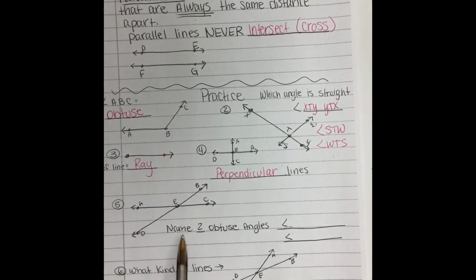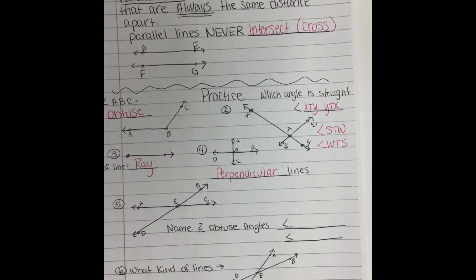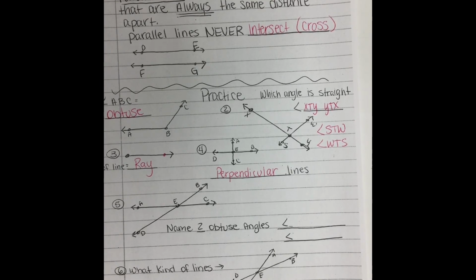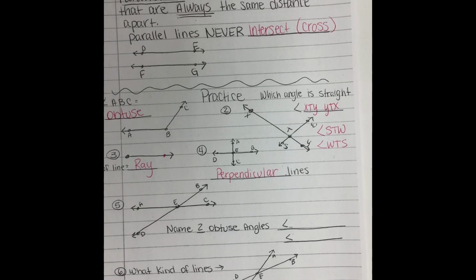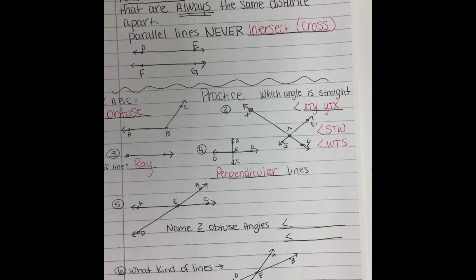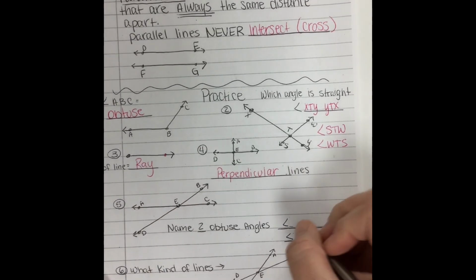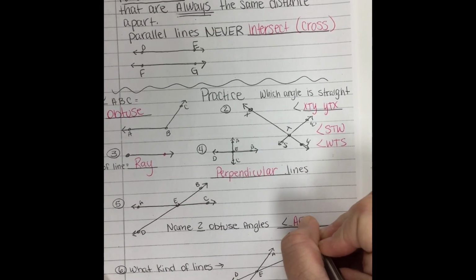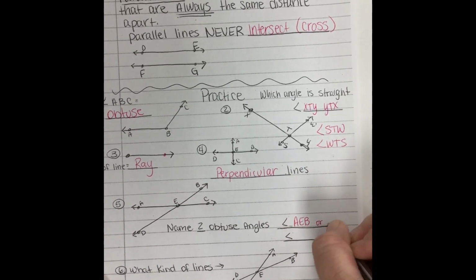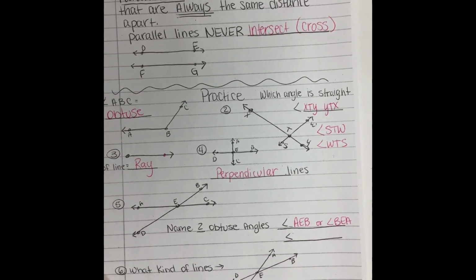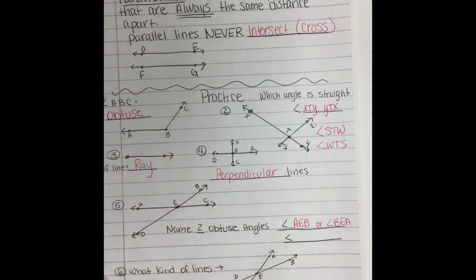Number 5, name 2 obtuse angles. Okay, so angle AEB, or you could have said angle BEA. Same thing. Just I wrote it in different order.